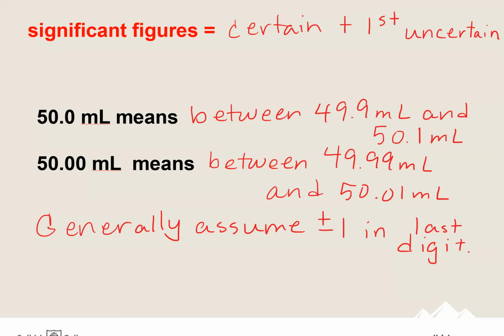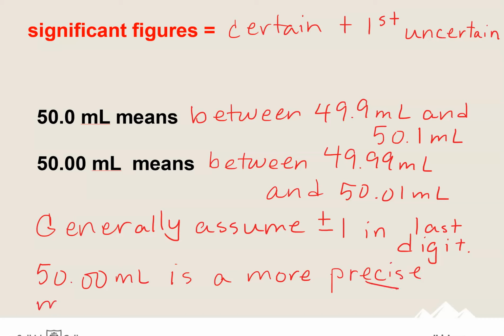Another way I can express this difference in uncertainty is to say that 50.00 milliliters is a more precise measurement than 50.0. In other words, I know the 50.00 to more decimal places with less uncertainty in it. It's more precise.